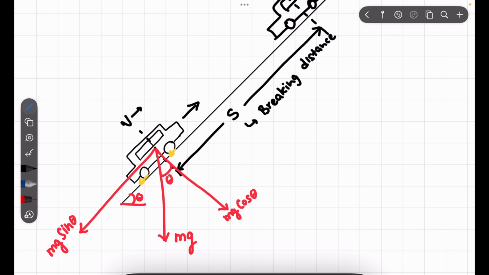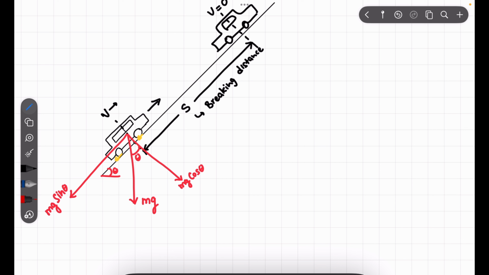Now, this moving vehicle had certain kinetic energy, and certain work has to be done by the brakes to stop the vehicle. The kinetic energy in the moving vehicle will be half m v square, where m is the mass of the vehicle and v is the velocity with which it is moving.